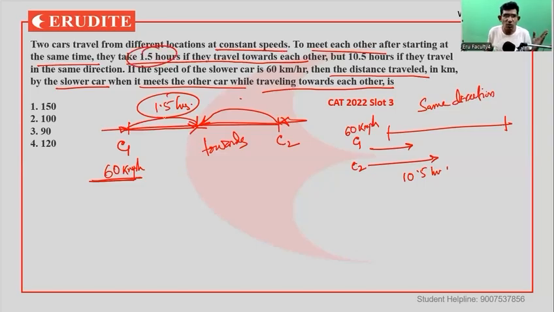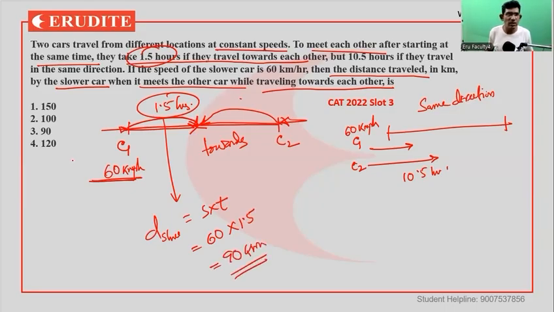So what is the distance covered by the slower car in 1.5 hours? We know distance equals speed into time. The speed of the slower car is 60 and it takes 1.5 hours to meet. So the slower car will cover 90 kilometers. So that's the answer.